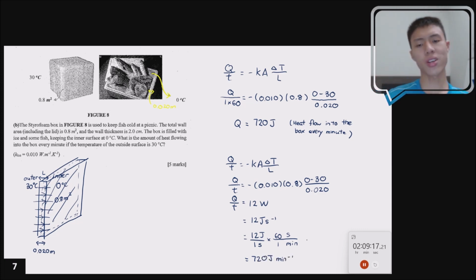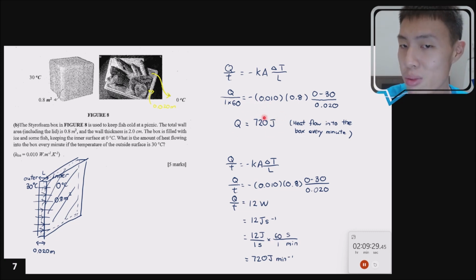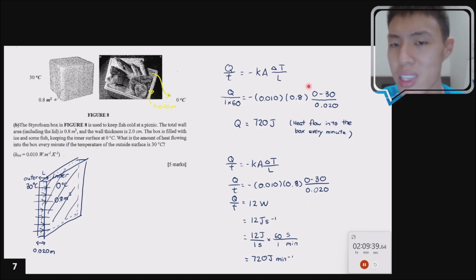I'm not sure whether they are asking for heat flow into the box every minute. Is it like rate of heat flow, but you change the time instead of per second, you do it per minute? Or they're asking for 1 minute how much heat flows into it. Okay, if you ask me in an exam what would I leave as the answer, I'll probably leave this as the answer. But I don't think this one is terribly wrong.